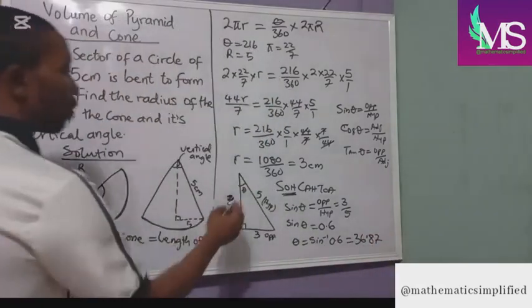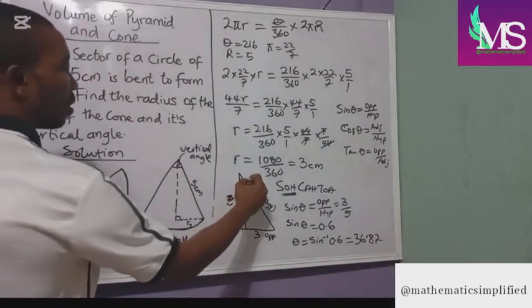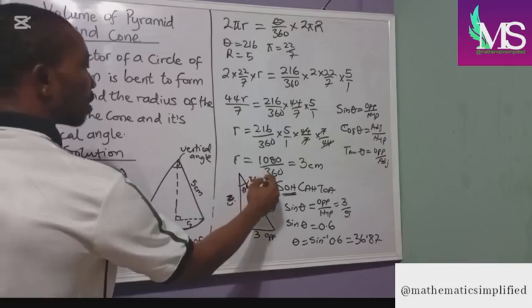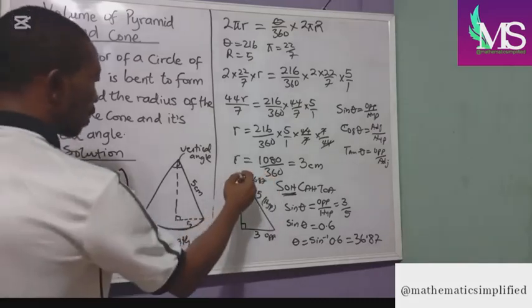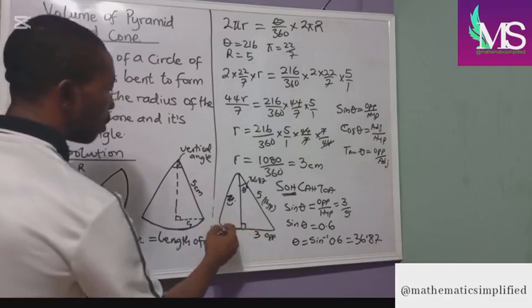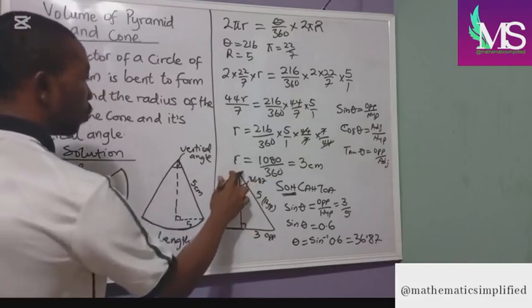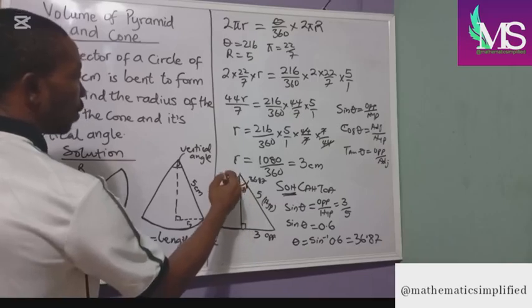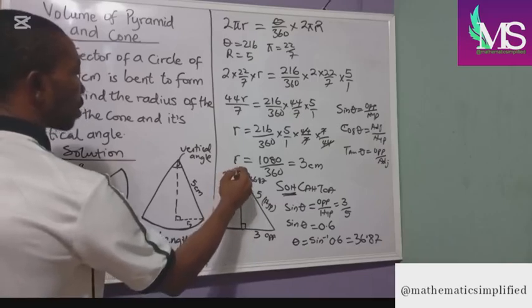which will give us 36.87. Now, this angle is 36.87, but since it's a full cone, the other angle here will also be 36.87.